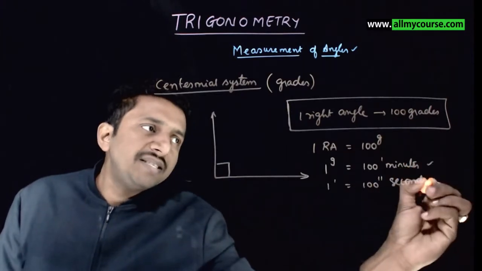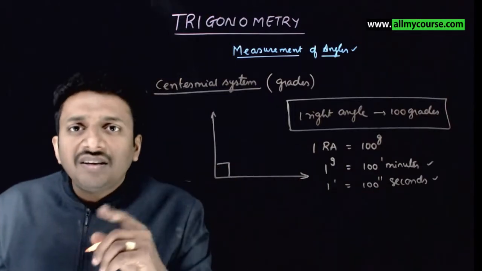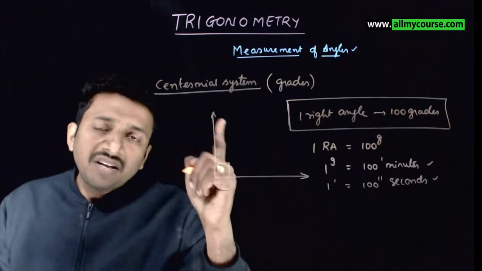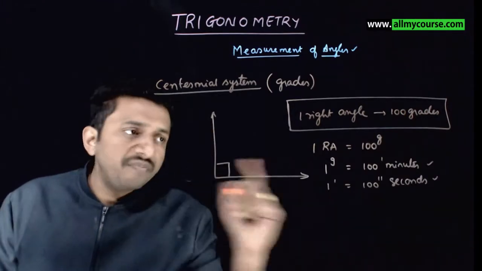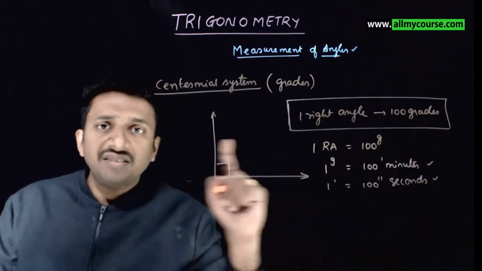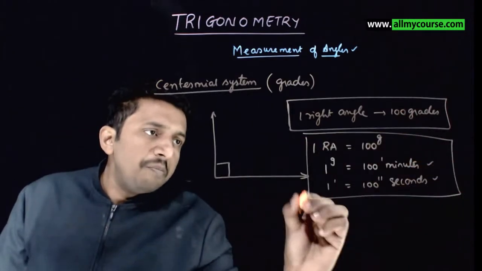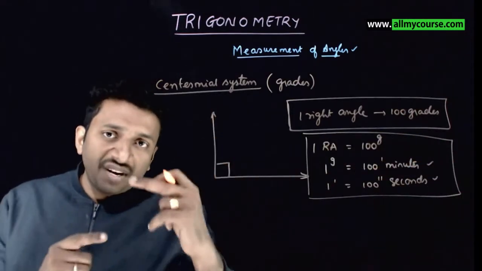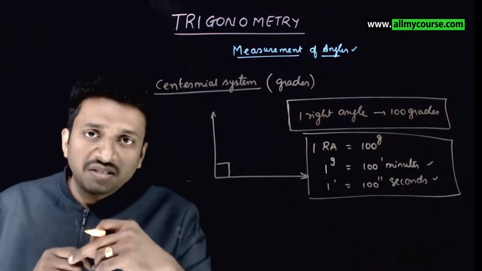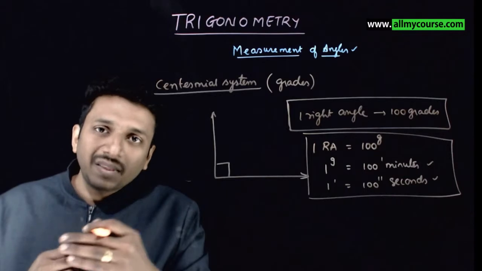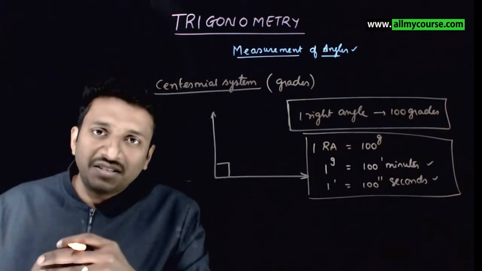These minutes and seconds look the same as in the sexagesimal system, but these are centesimal minutes and those are sexagesimal minutes. So centesimal seconds, sexagesimal seconds. The minute of the centesimal system is different from the minute of the sexagesimal system, and the second of the centesimal system is different from the second of the sexagesimal system.